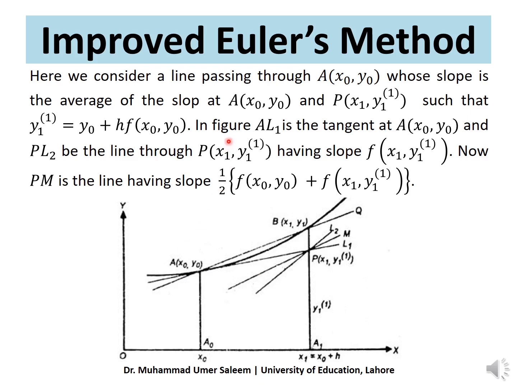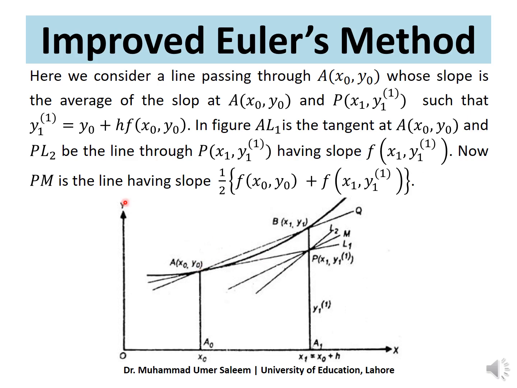So in the figure, this PL1 is the tangent at the point x0, y0, and this PL2 is the line through this point P, having slope f(x1, y11), the first guess that we calculated with the help of the Euler method.